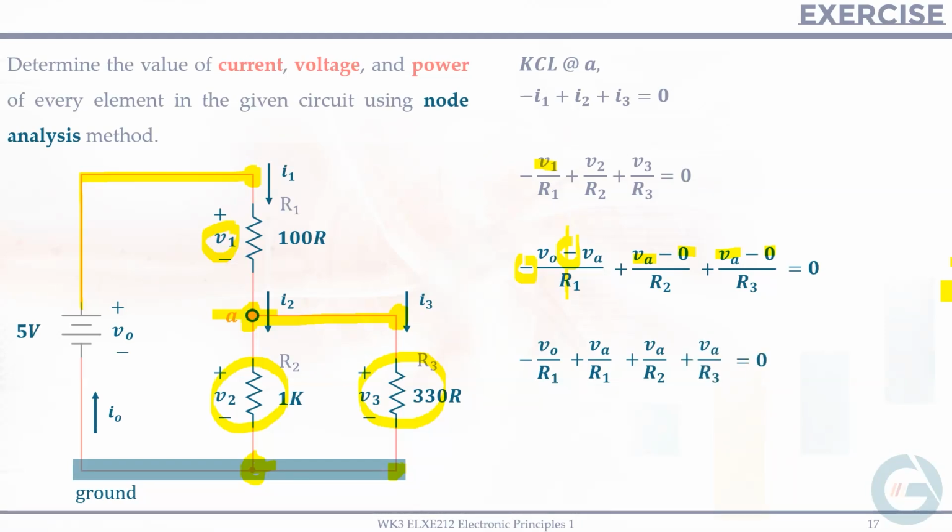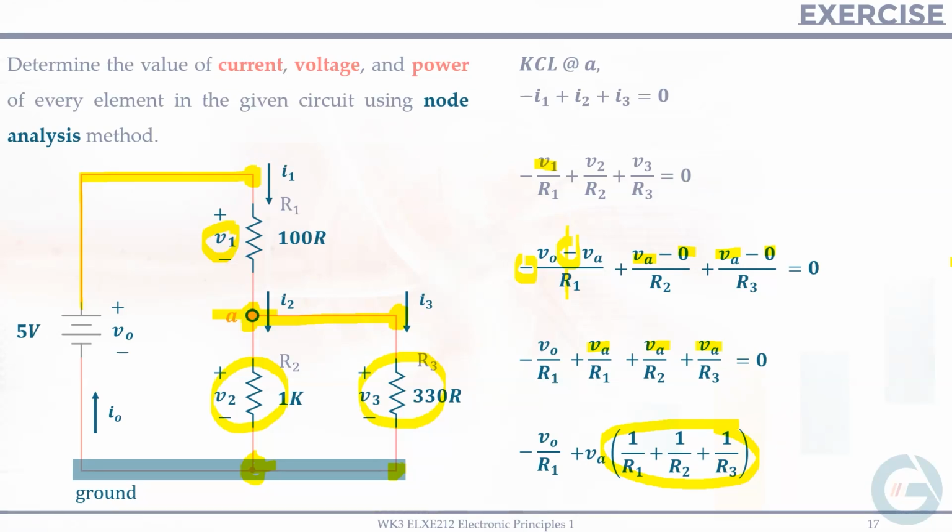And we only have common variables, so we can factor that out. So the next equation would become VA times 1 over R1 plus 1 over R2 plus 1 over R3. I think this is quite familiar to you. We saw that format in our KCL and KVL exercise.